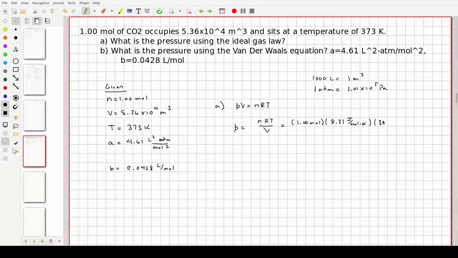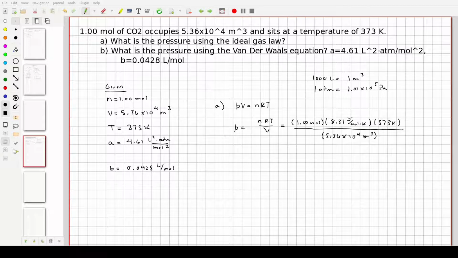The temperature is 373 Kelvin. And our volume is 5.36 times 10 to the fourth cubic meters. So let me open up my calculator here. Give me a second here. Let's see.